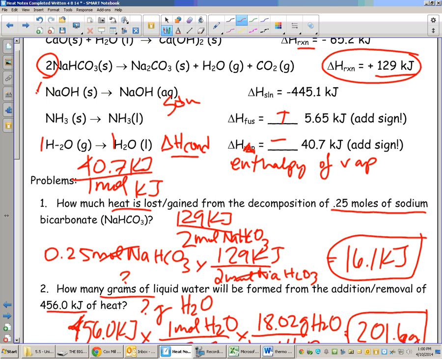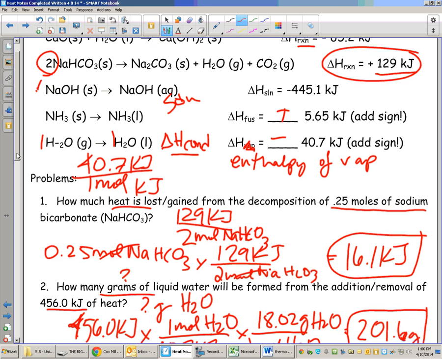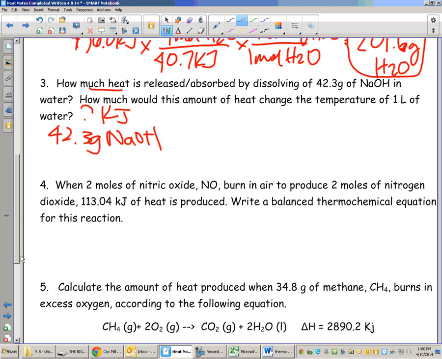So that's going to give us that conversion factor, 445.1 per 1 mole of sodium hydroxide. So let me write that down. Yes, it is negative. So we're going to talk about it being released. 445.1 kilojoules per 1 mole is that conversion factor. And it's released because of the negative sign.